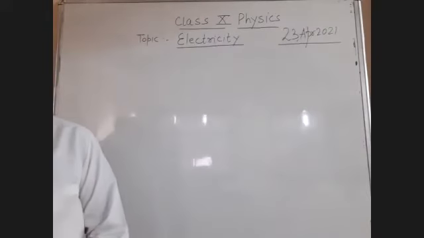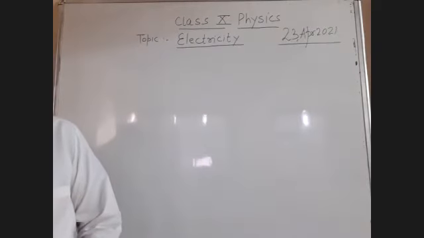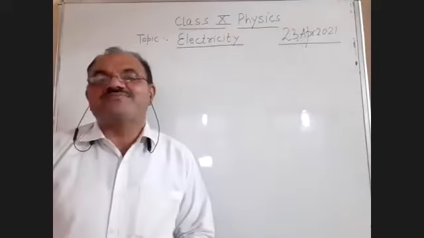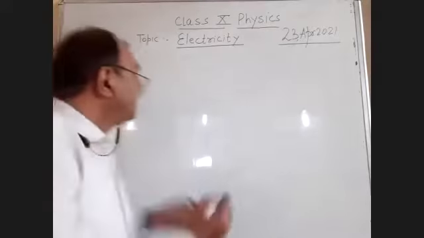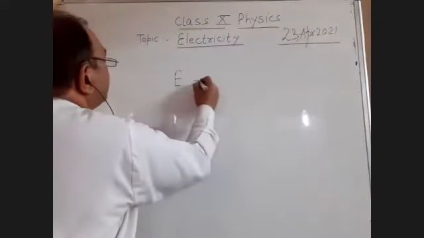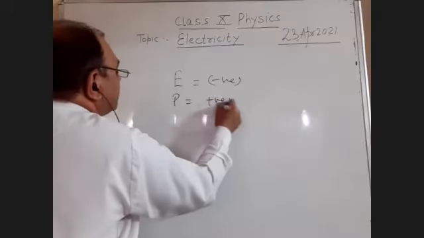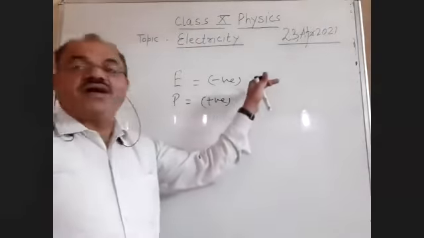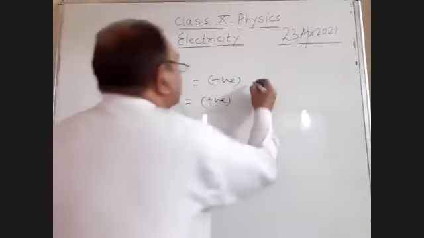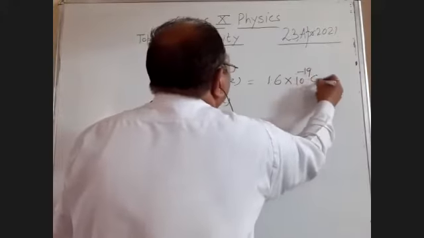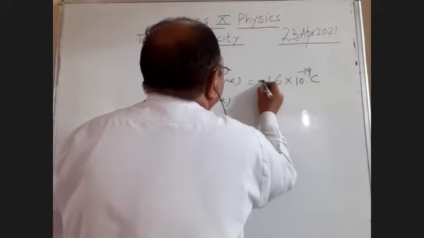Calculate the number of electrons in 1 coulomb of charge. Now, students, you know that electrons have negative charge, and protons have positive charge. The charge on an electron is 1.6 into 10 raised to the power minus 19 coulomb, with the negative sign.